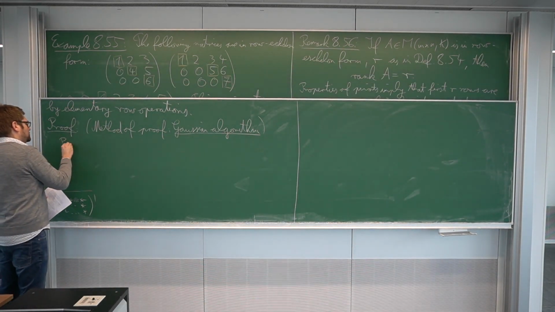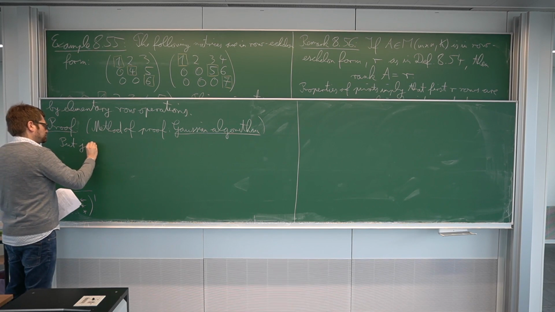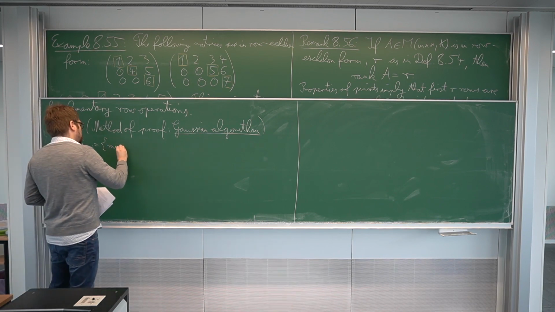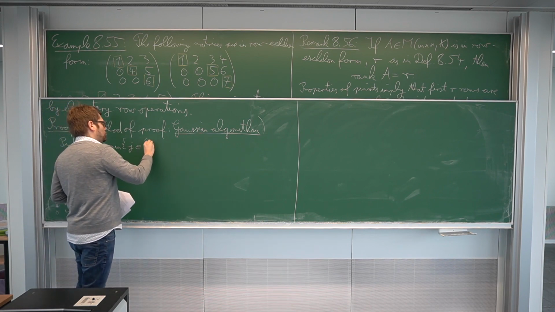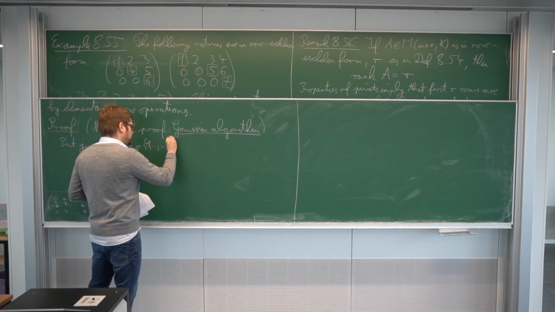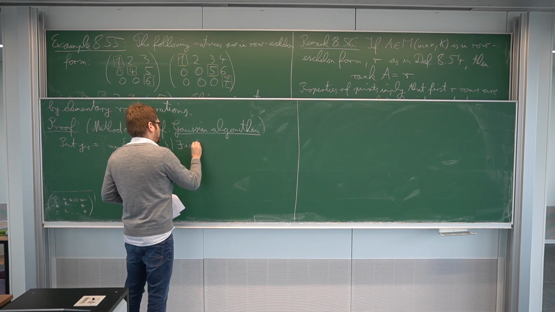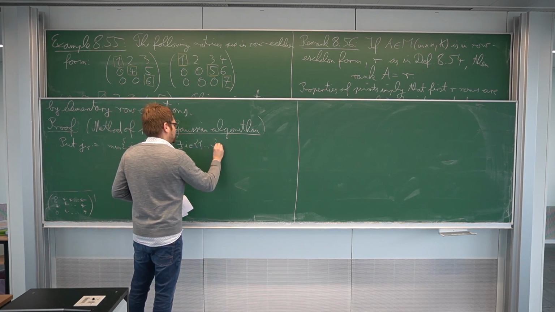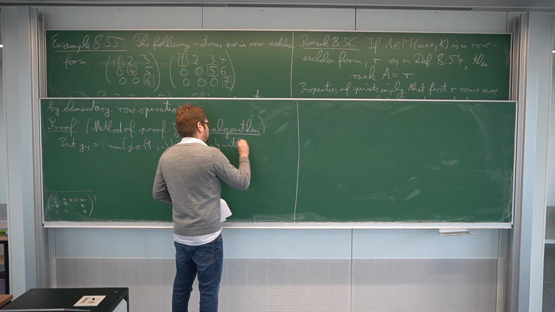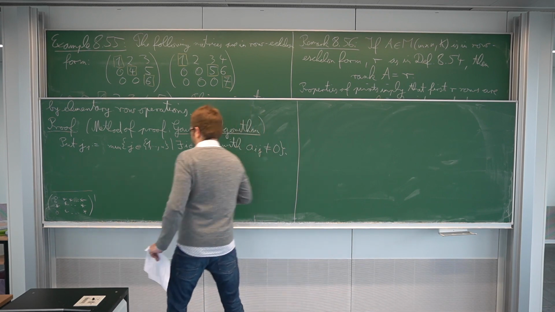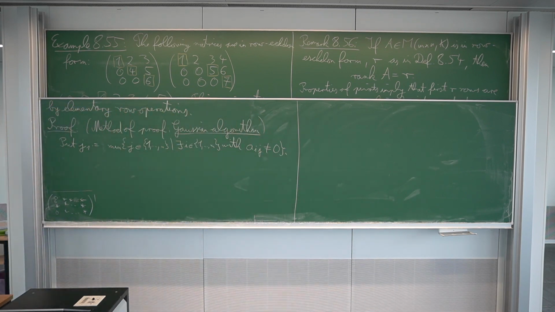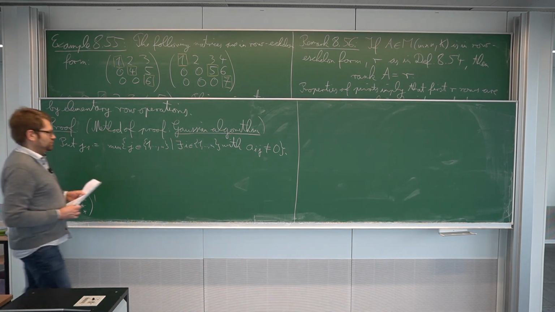Now, let's do this formally. Put J1 to be the minimum of all j in 1 to n, all column indices, such that there exists some i between 1 and m with a_ij non-zero. Okay, so this is the first non-trivial column. Now, given that, we have to put this into the right position.